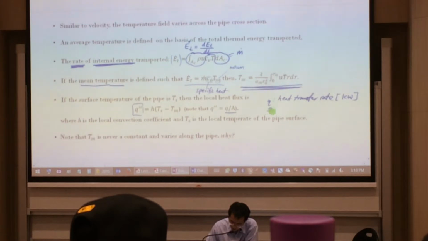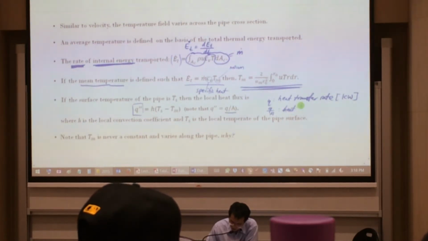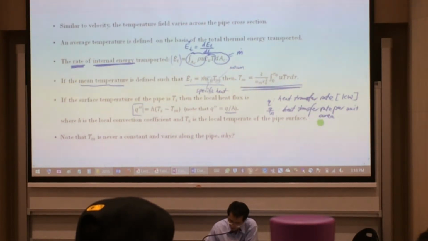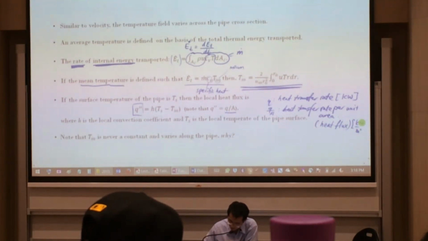So Q divided by A, that will be your heat transfer rate per unit area. Or sometimes you get to see some textbook would say it's called your heat flux. And it has the units of kilowatts per meter squared.